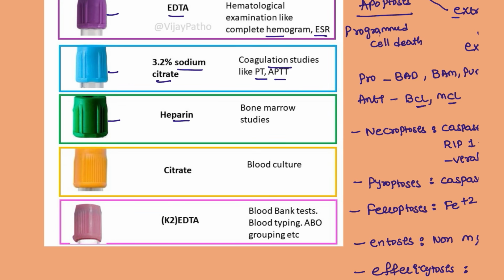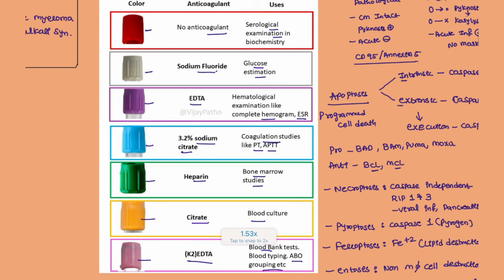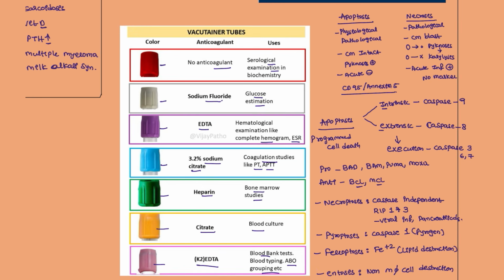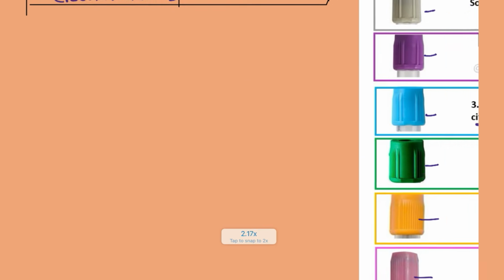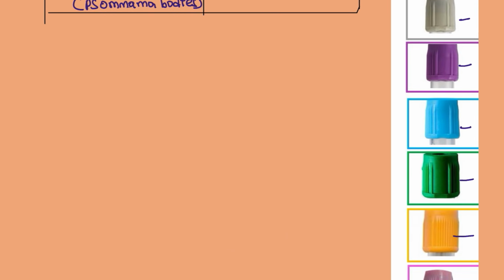The green color contains heparin. The yellow color is for citrate and blood culture, and the light pink color, K2 EDTA, is for the blood bank, ABO grouping. All this is done with these vacutainers. These should not be ignored because this is commonly asked in the examination, so that should not be missed, guys.